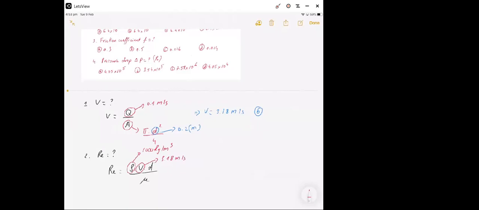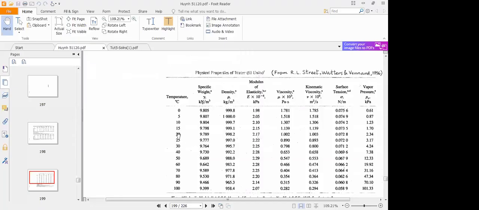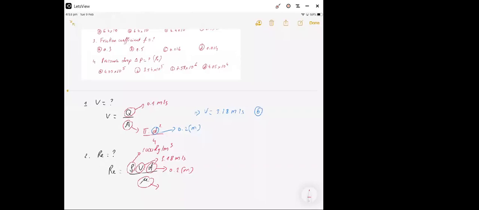So you see if you have the wrong answer in question 1, question 2 is wrong. D is 0.2 meter, and viscosity, as you can see in the table at 20 Celsius, viscosity times 10 power 3 equals 1.002. So viscosity will be equal to 1.002 times 10 power minus 3.